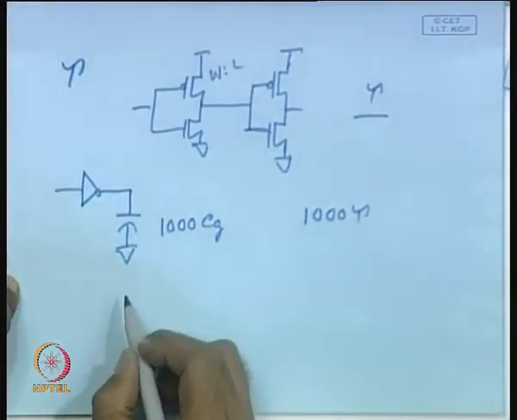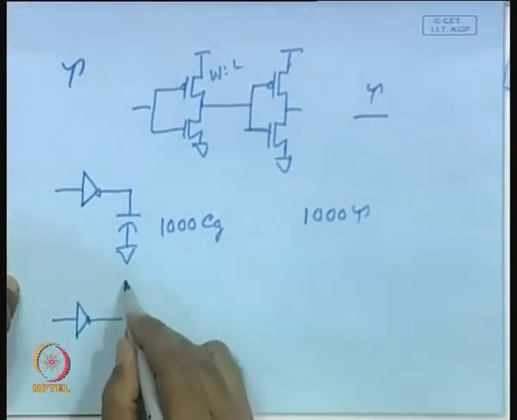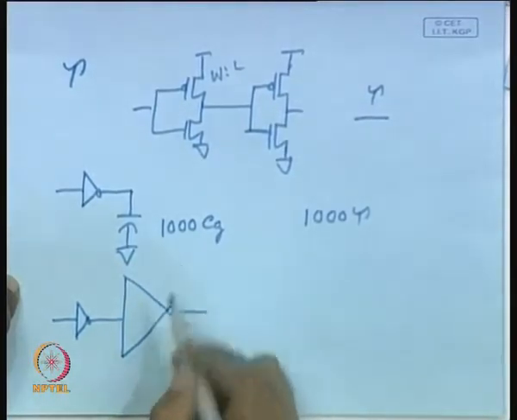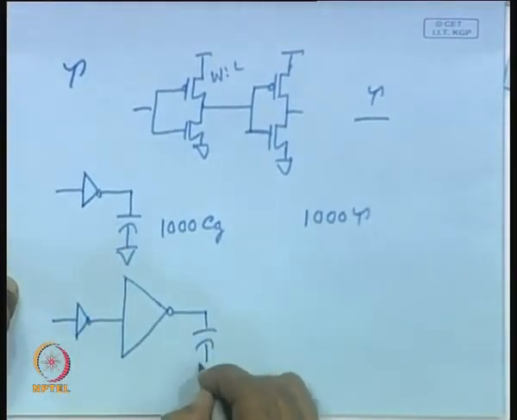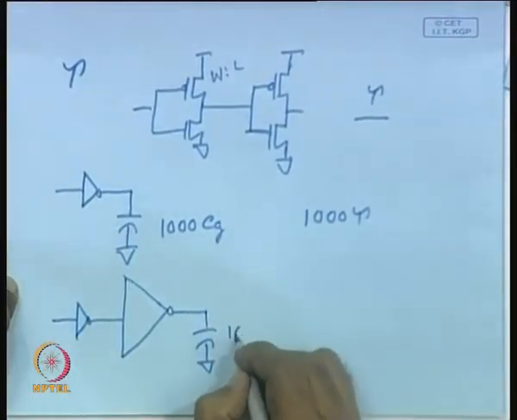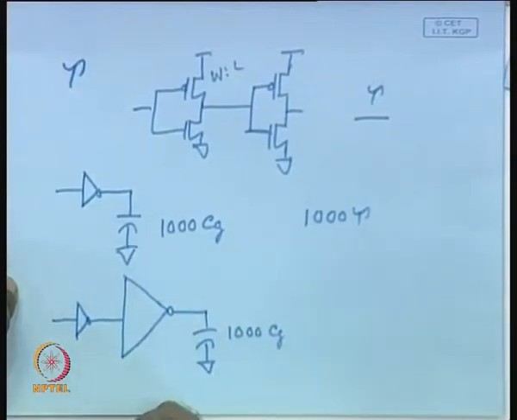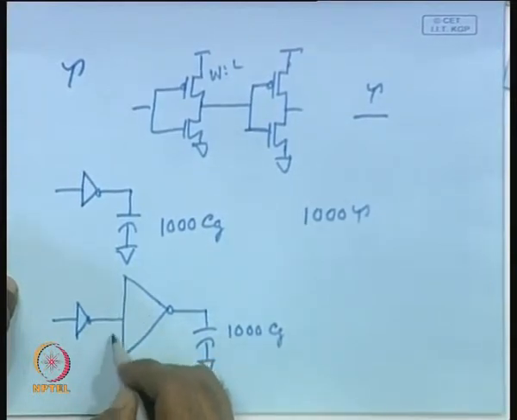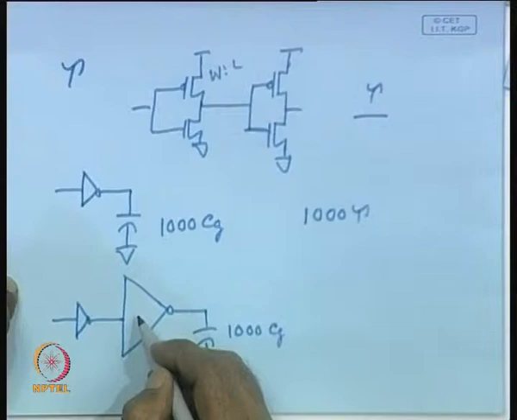Now, you may say, okay, what I shall do, I shall put an inverter and then a large inverter with width equal to 1000 times that of the standard minimum gate. So, in this case, what will be the delay? Again, this is 1000 Cg. So, the first gate will be facing a capacitance of 1000 Cg, because the dimension has been made 1000 times larger.